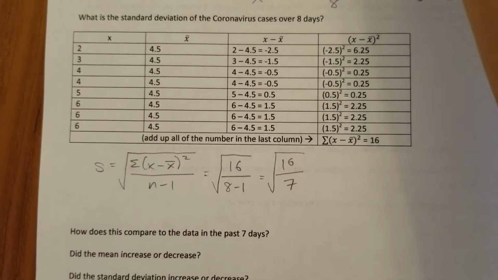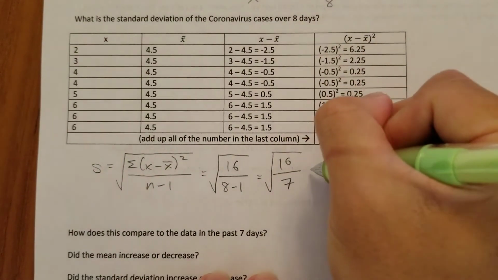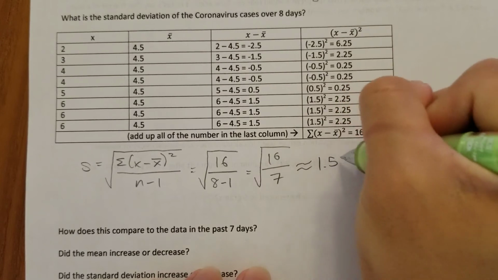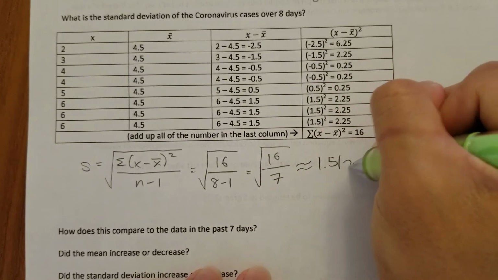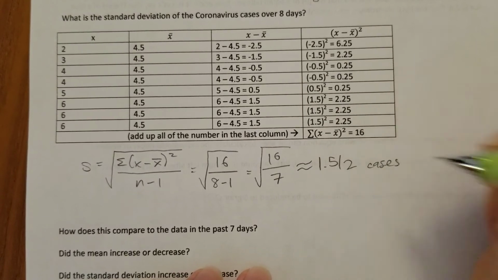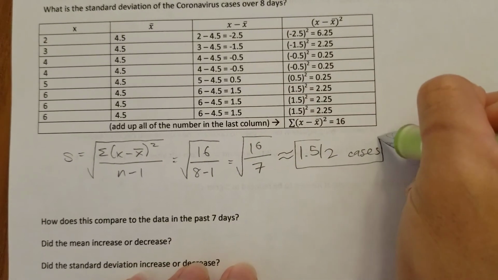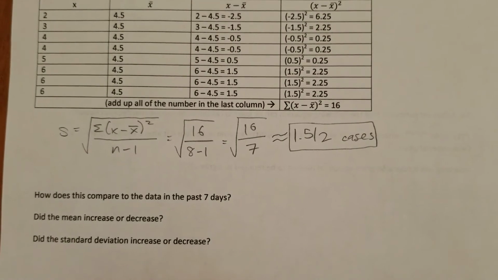So this is the square root of 16 divided by 7. If I just round, this is about 1.512 cases. So this represents the spread of how far it is, plus or minus, from the average.